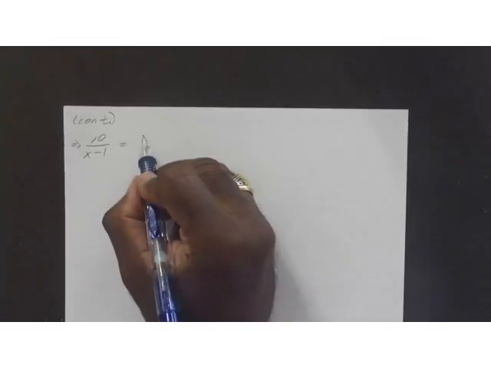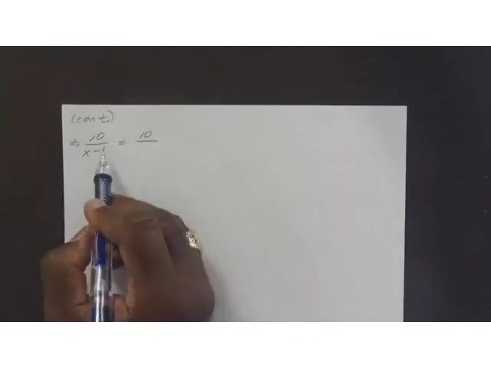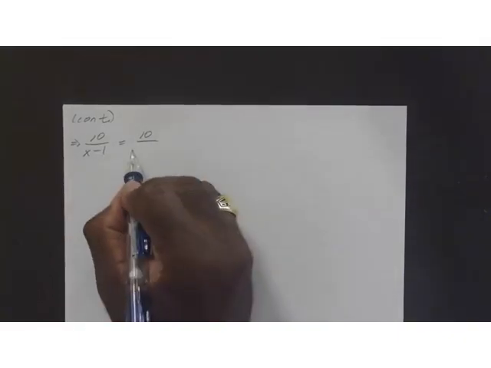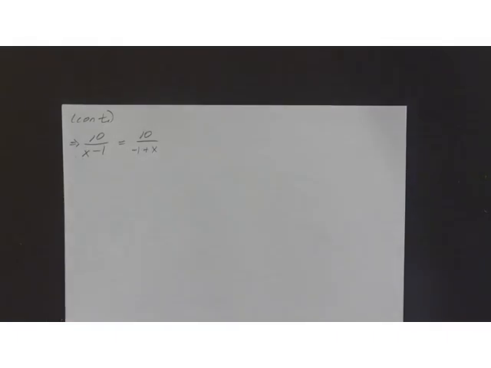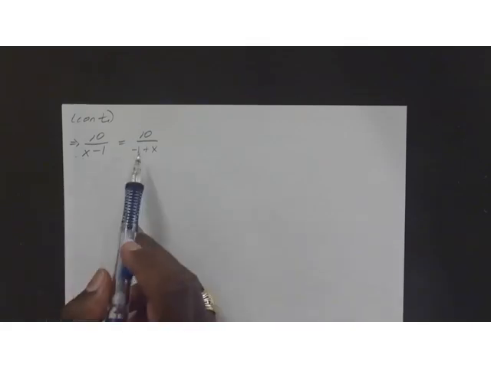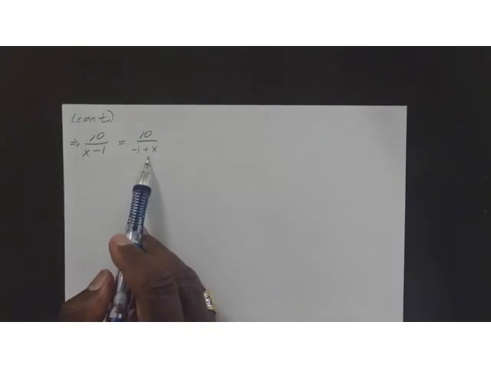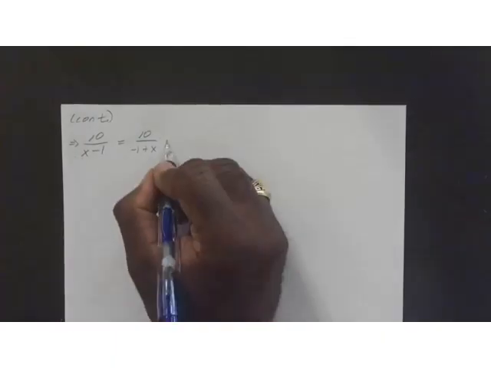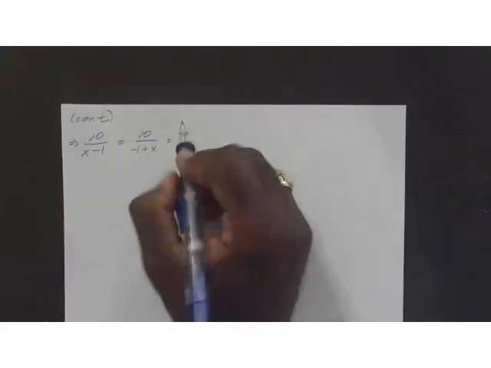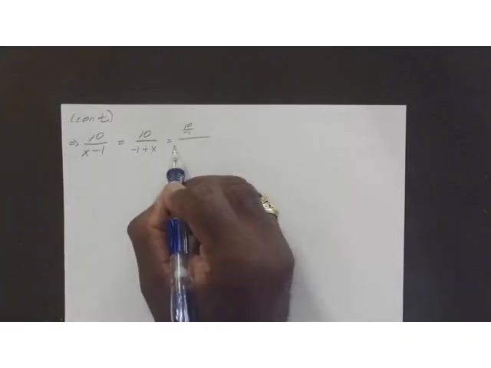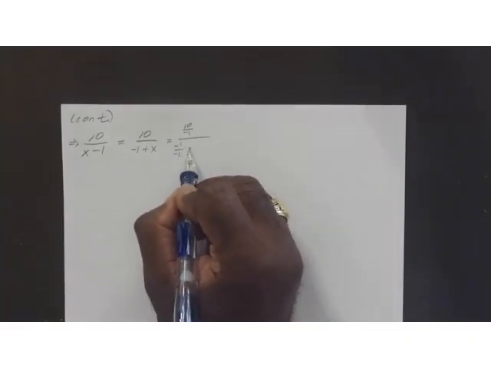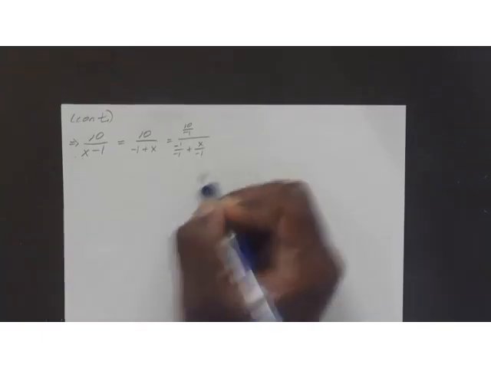Okay, so we can rewrite that as 10 divided by, if we switch those two up, negative 1 plus x. And remember, we want it in the form a divided by 1 minus r. So if we divide each one of those by negative 1, so 10 divided by negative 1, divided by negative 1, plus x divided by negative 1.